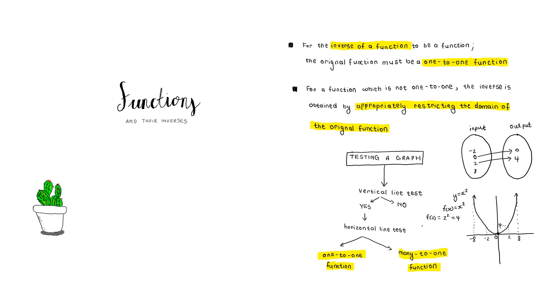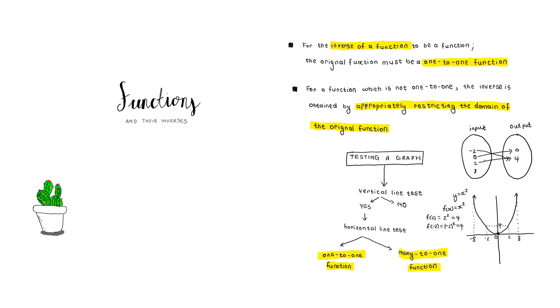Next, f of minus 2 equals minus 2 squared, which is also equal to 4. So when x is minus 2, y is equal to 4.